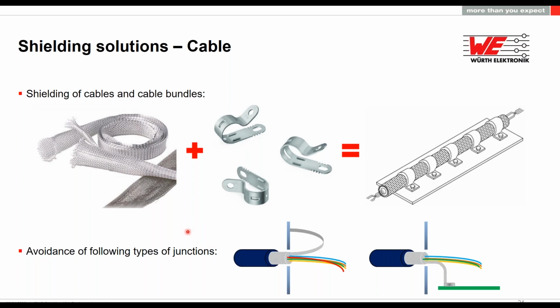So at the end, what we're creating is a really big antenna with our cable. So it's not just that our connection is not good because it's not 360 degrees connection to ground. It's also that we are turning our whole cable in an antenna, able to pick up noise or to radiate this noise generated by this parasitic inductance.